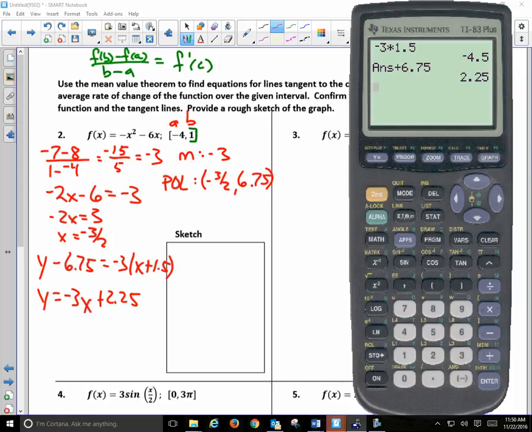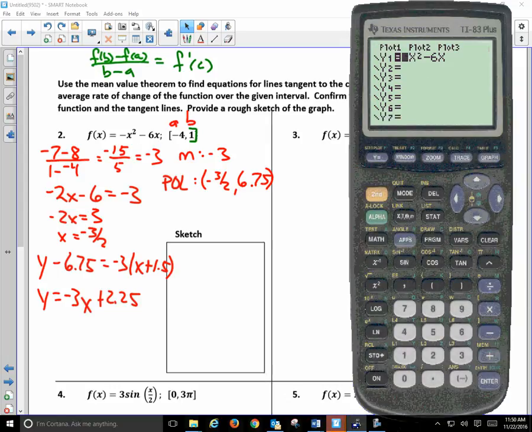I'm going to graph my new line. There's a way where you can actually show just a specific domain value.